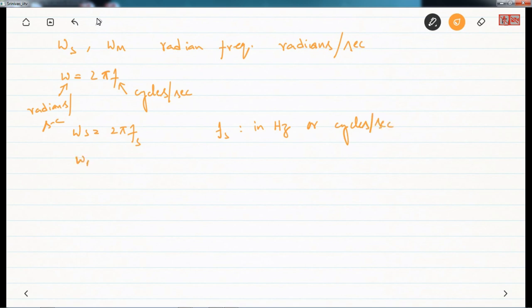Similarly, omega m is nothing but 2 pi fm, where fm is in hertz or cycles per second.